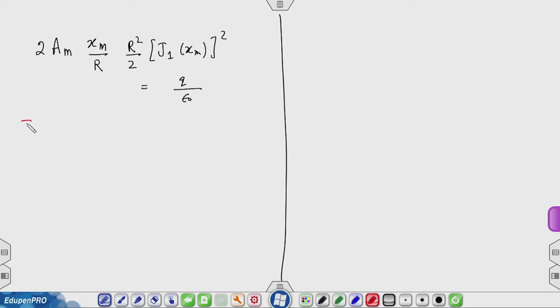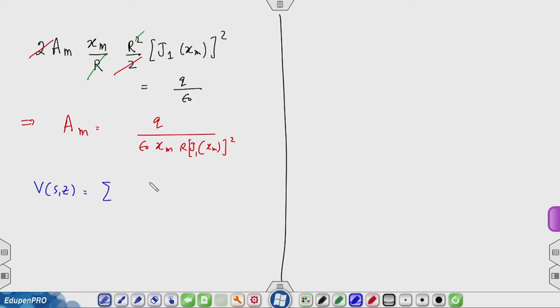And that gives me a_m: this 2 cancels, one of the r cancels, so a_m comes out to be q over epsilon 0 x_m r J1(x_m) whole squared.